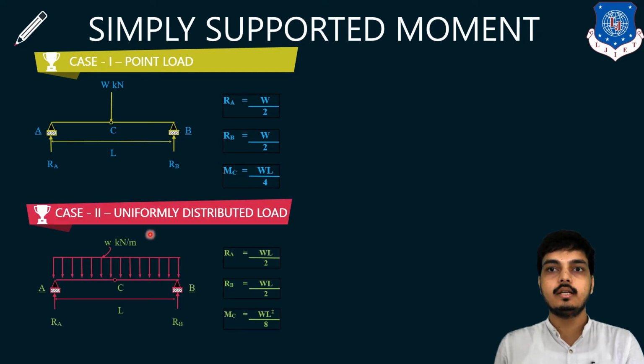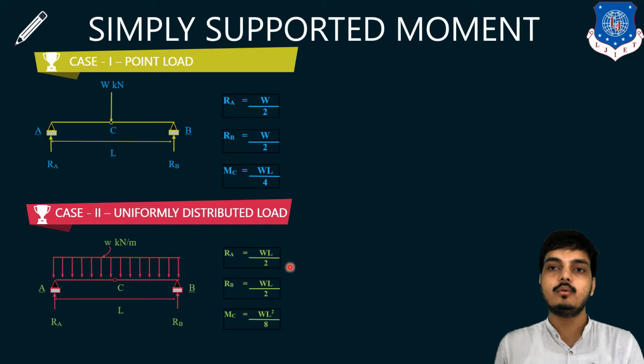For case 2, it is a uniformly distributed load. So this is a UDL, as you can see, of W kilonewton per meter over the length L. Now its both reactions will be W multiplied by its length. Means we have to convert UDL into load. So for converting that, we multiply the UDL value by its length, and divide by 2 will be its opposite reaction.